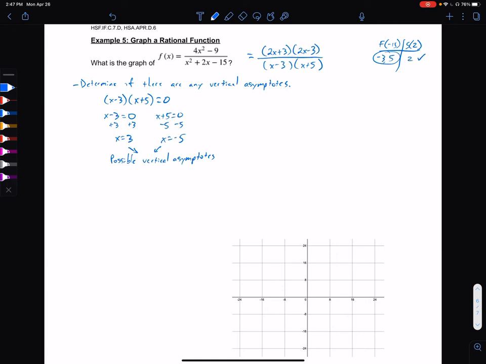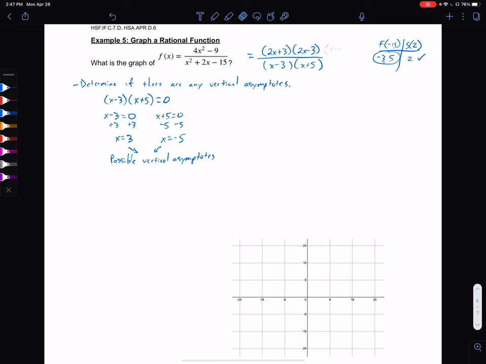If I look at the factored form, let's just pretend there was another x plus 5 up here. If these canceled out, that tells me that x equals negative 5 would not be a vertical asymptote. But clearly, that's not there, so we don't really have to worry about that. But that's what you want to be aware of.